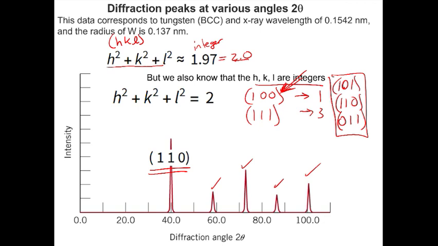It's called a structure factor, and that will eliminate some planes. It's not going to add any new planes, but it will eliminate some. So that's just a little extra complication. All right, so that's Bragg's law, and I hope that makes sense.